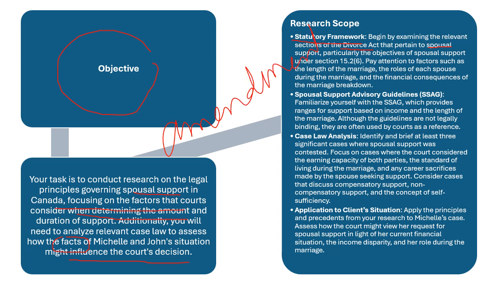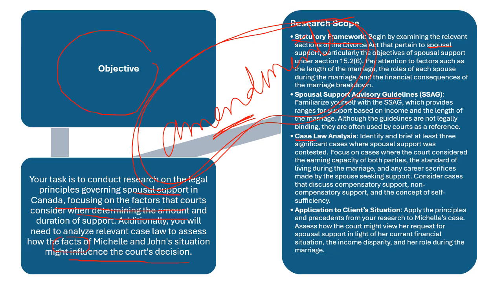Your research should definitely include this, because from time to time the Canadian government makes amendments, especially when it comes to family law and family disputes. So one thing you have to include is to look at whether there are any recent amendments to this issue or not. You also have to check any advisory guidelines.